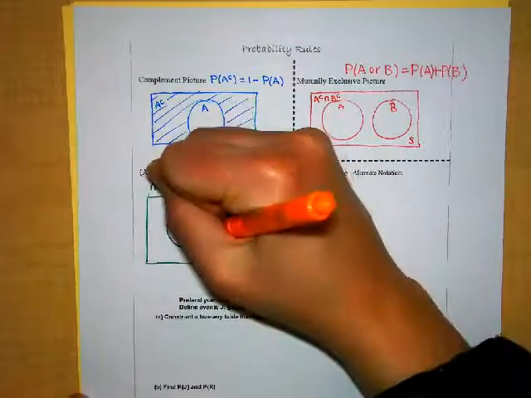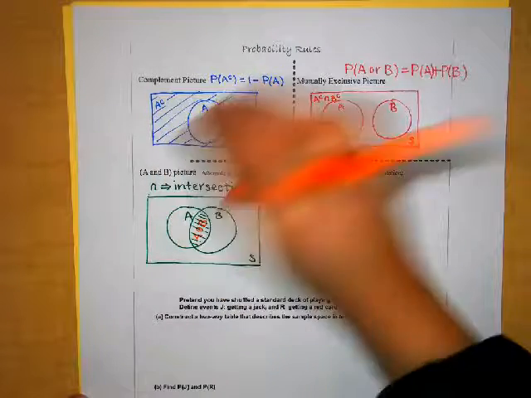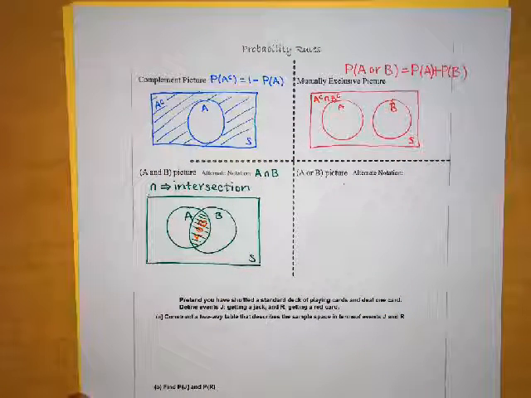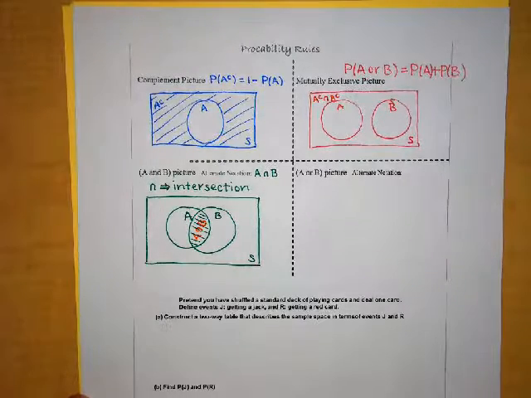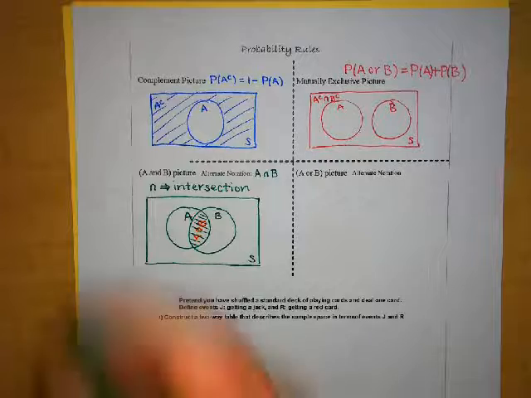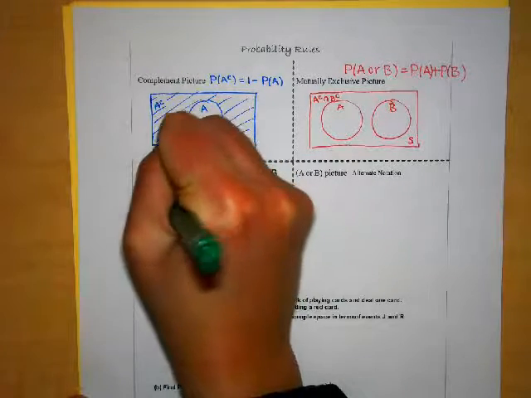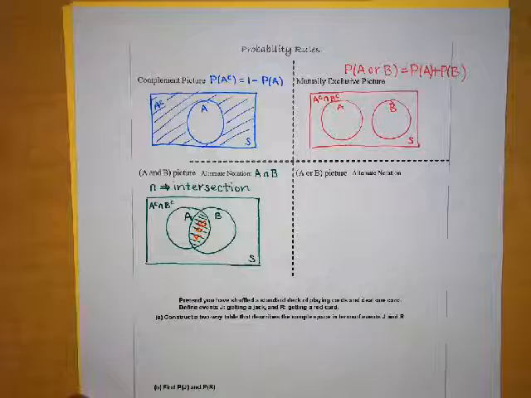That is A and B. Outside our two circles is A complement and B complement. A not happening and B not happening.